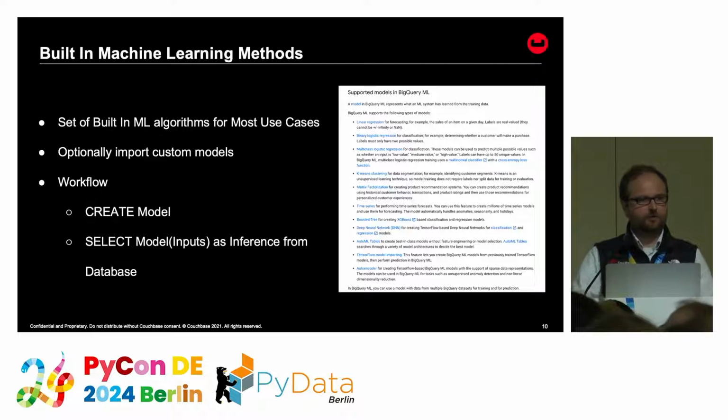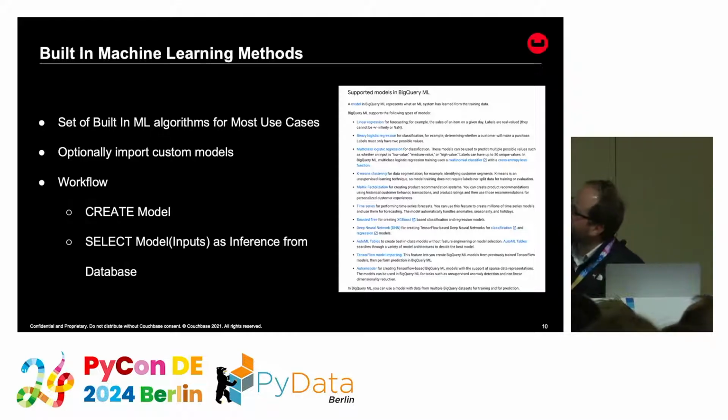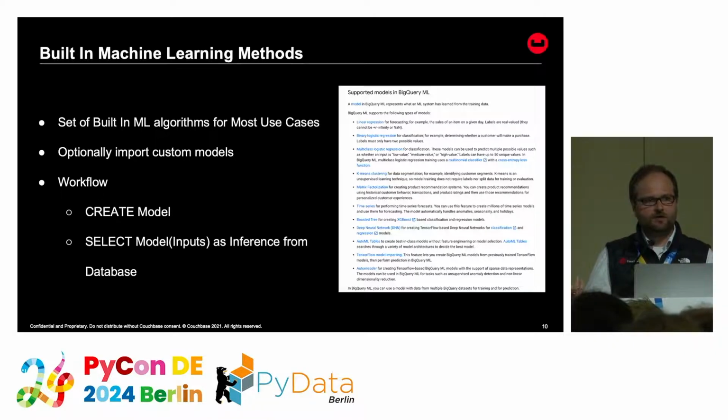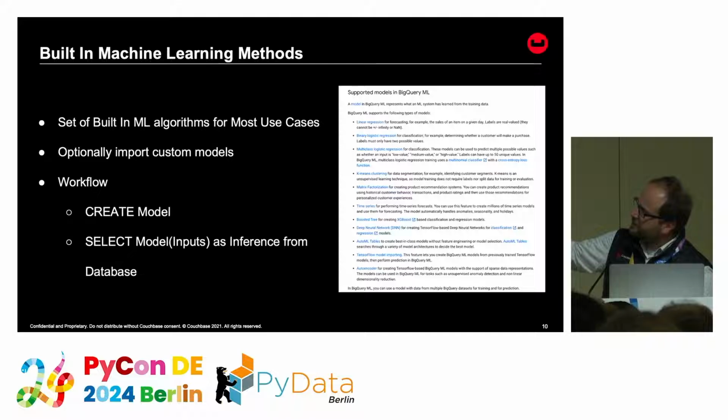So let's go one by one how that looks. So built-in machine learning modules. So it's very tiny, I cannot read it very well. So this is for BigQuery, for example, and there are some default ones. Usually, depending on the use case, it works very well or good enough. For example, linear regression, binary logistic regression, multi-class logistic regression, k-means clustering, time series, and so on.